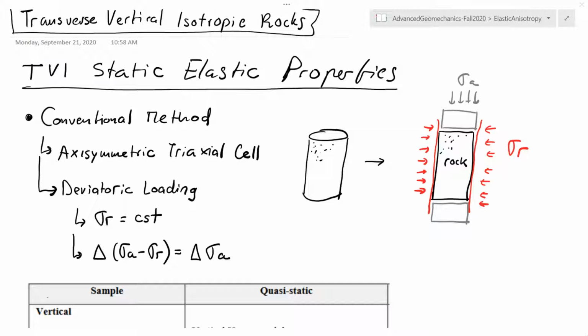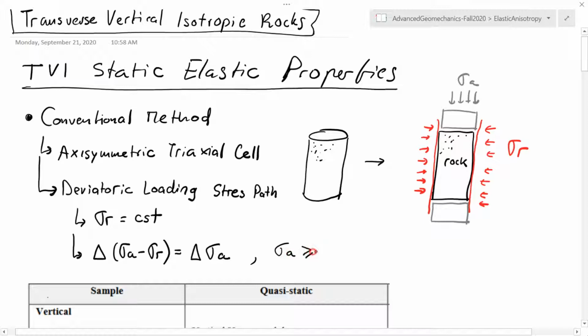In the conventional method, we usually apply what is called the deviatoric loading stress path. In this deviatoric loading stress path, we keep the radial stress constant and we increase the deviatoric stress, sigma A minus sigma R. Since the radial stress is constant, this is equal just to the change of the axial stress, where the axial stress is equal or larger than the radial stress.